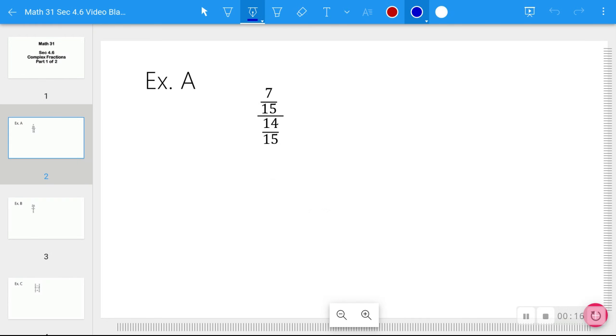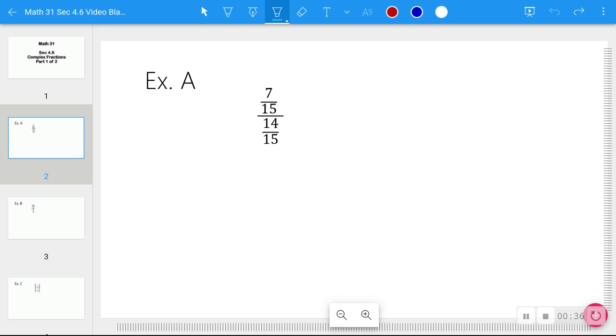Okay, a complex fraction is a fraction, and maybe another fraction inside a bigger fraction. So you've got the center fraction bar, and then in the numerator or the denominator, or in this case both, you've got another fraction.